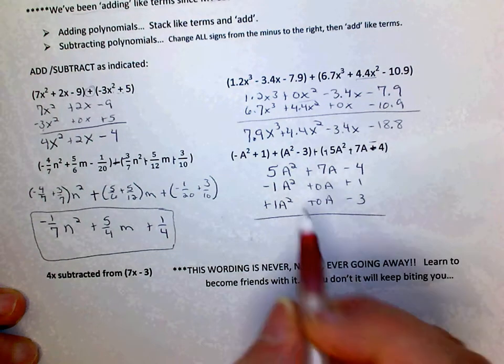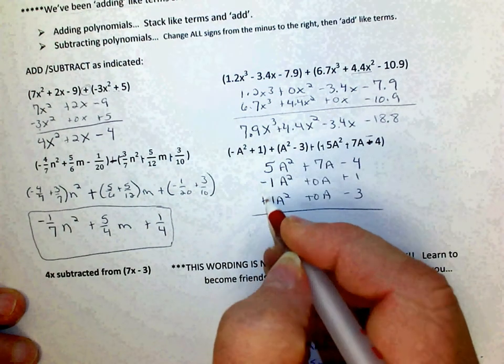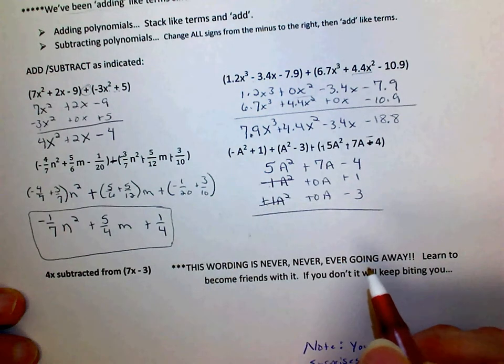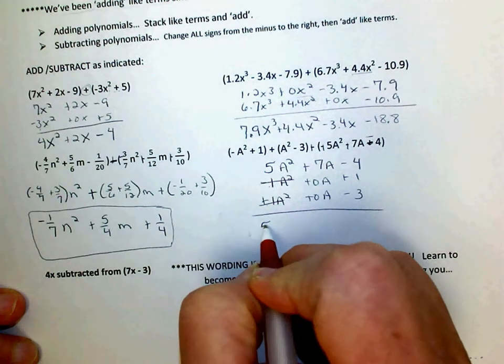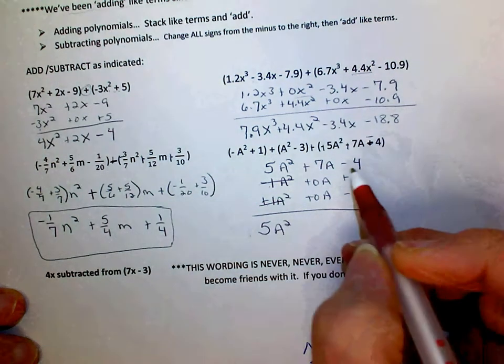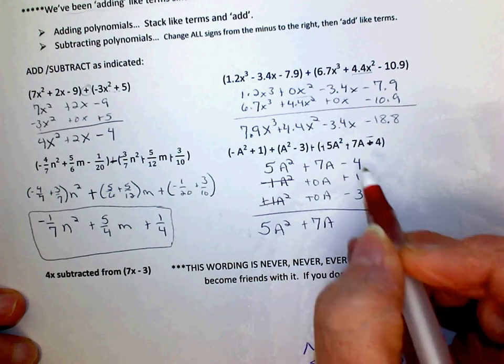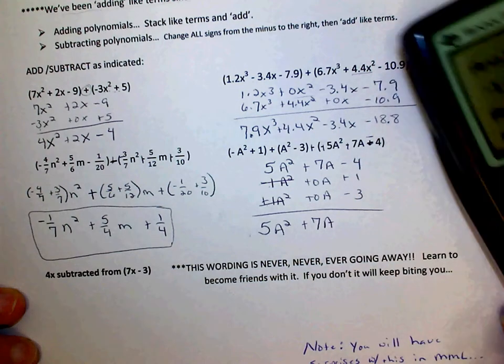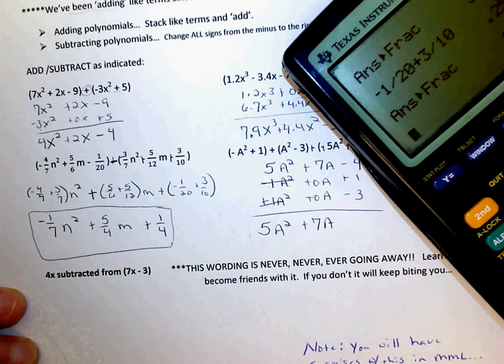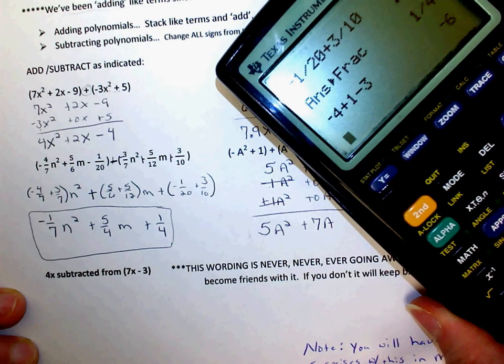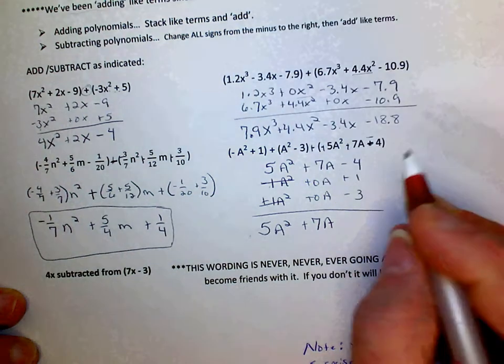So, he who subtracted it also added it back, so that went away. So 5a squared, and 7 plus nothing is still 7. Alright, and I'm just going to use the Good Buddy calculator real quick. Negative 4 plus 1 minus 3 gives us negative 6. So we say minus 6.